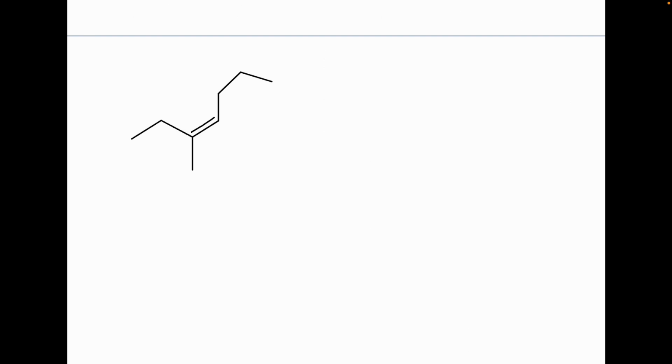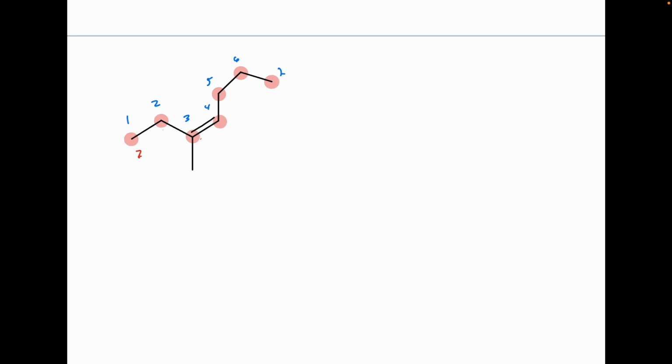All right, so let's find our parent chain. That would be these 1, 2, 3, 4, 5, 6, 7 carbons here. If we number this direction, 1, 2, 3, 4, 5, 6, 7. If we go the other direction, 4, 5, 6, 7. So which numbering scheme are we going to pick, red or blue? Blue. We want our double bond to have the lowest possible number.